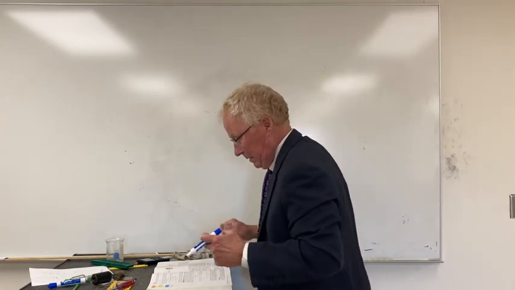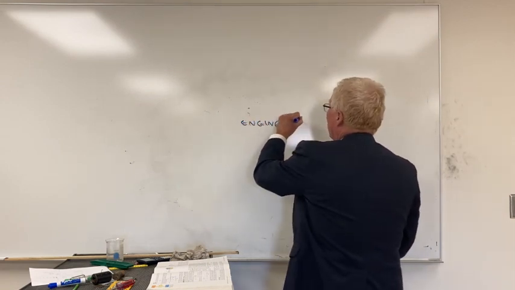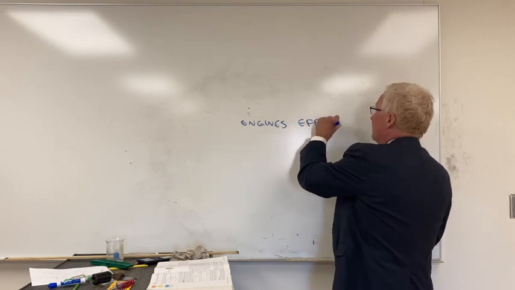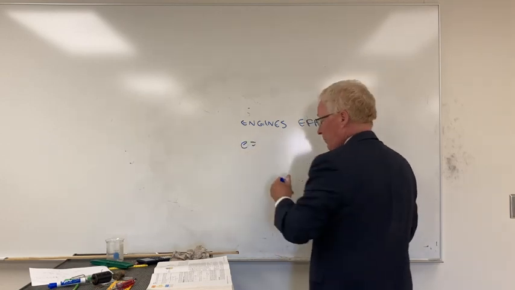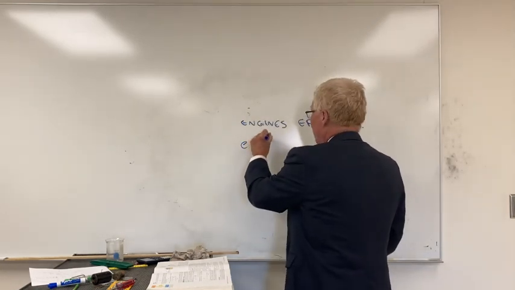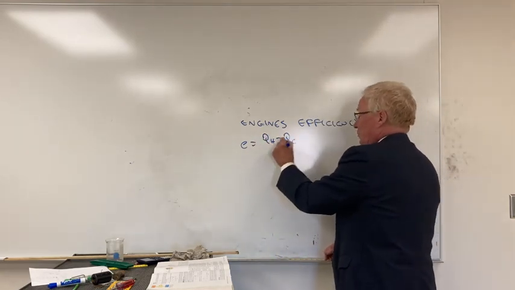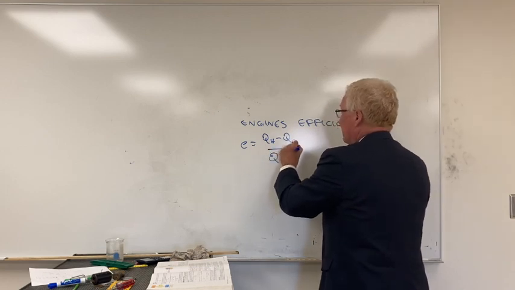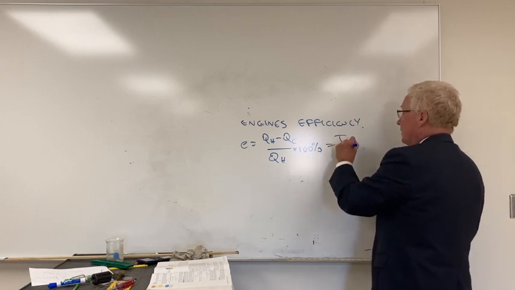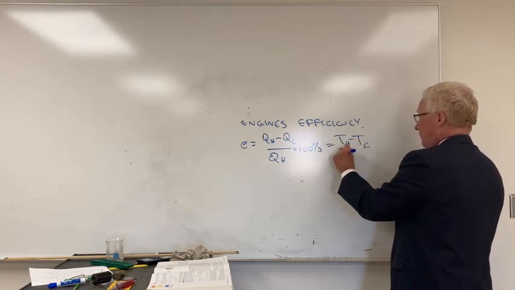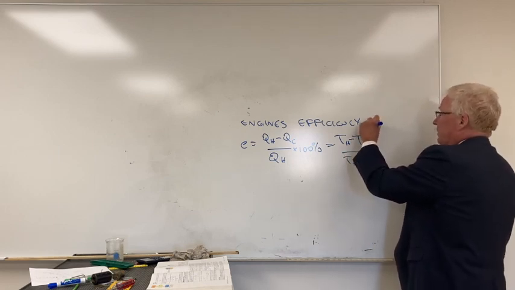For engines, we have efficiency. E is given by W hot minus Q hot, energy going in, minus how much is wasted, over that, times 100%, equals, in terms of temperature, T hot minus T cold over T hot, where both the temperatures are in degrees Kelvin.